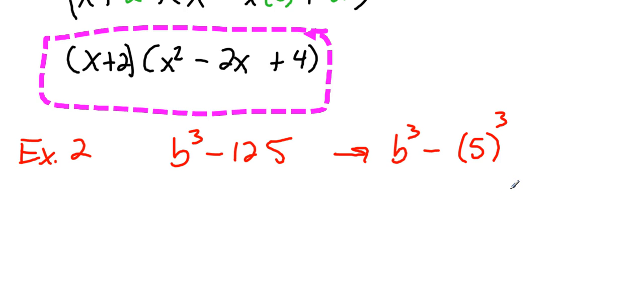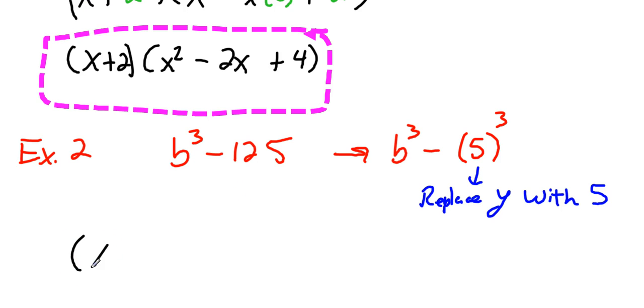And it's the same thing for this one. Everywhere you had a y before, you're going to replace y with 5. Okay, and since it was minus, we're going to start off with the parentheses, x minus. Here's where we plug in the 5.